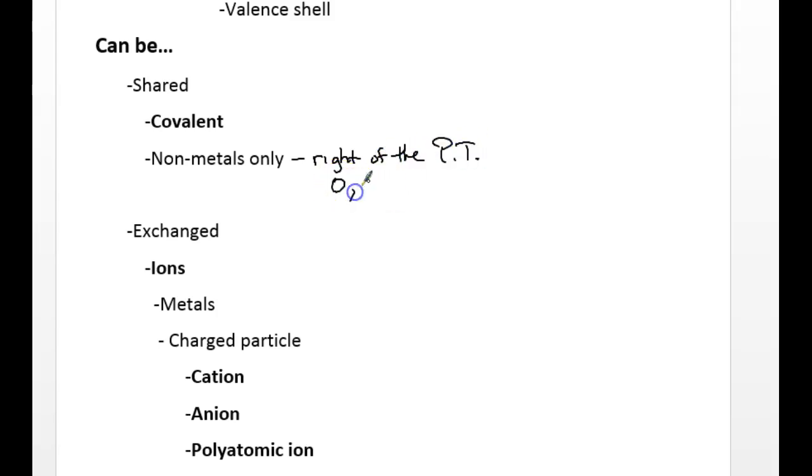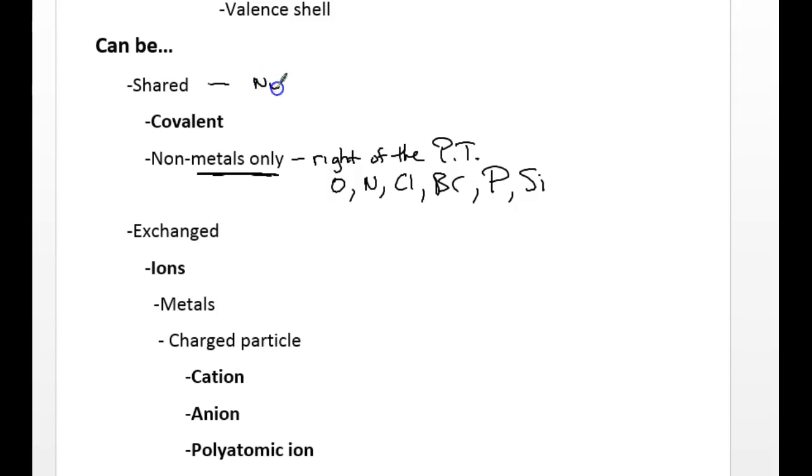So like oxygen, nitrogen, chlorine, bromine, phosphorus, I'm sorry, silicon does it, lots of those, everybody on the right. It's non-metals only. If there happens to be a metal in there, then it's something different. It's not a covalent, and these are shared bonds.